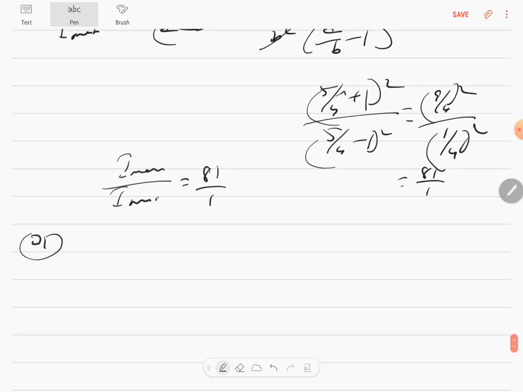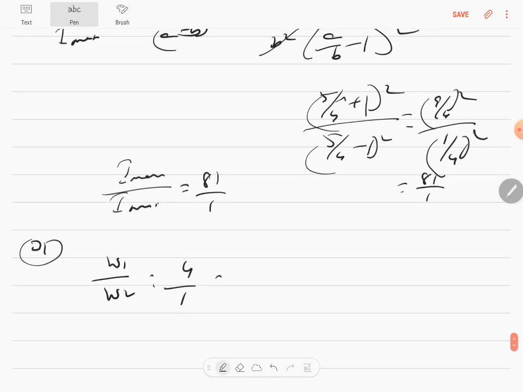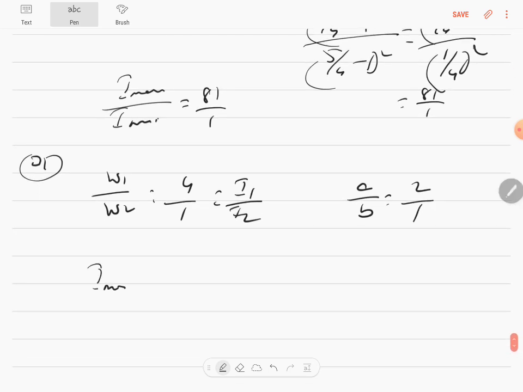If the two slits of the Young's double slit experiment have widths W1 and W2 in the ratio 4 is to 1, it means intensities I1 and I2 are in the ratio 4 is to 1. Therefore amplitudes A by B will be in the ratio 2 is to 1. Find the ratio of maximum to minimum, I max by I minimum.